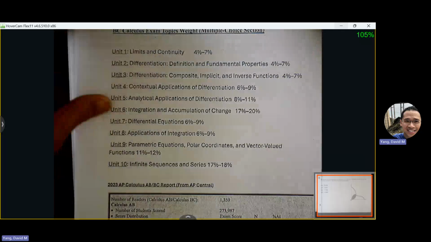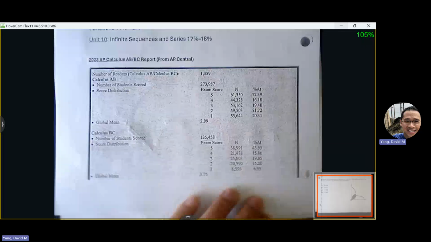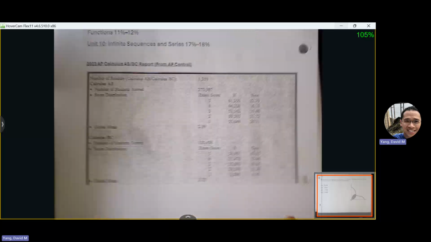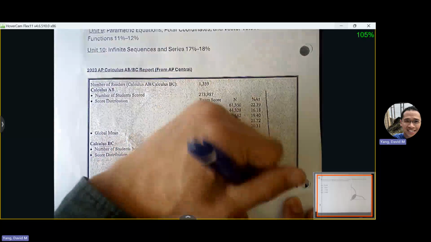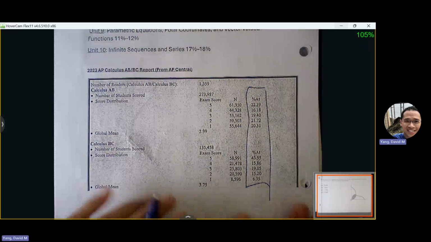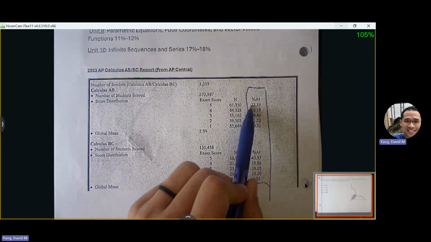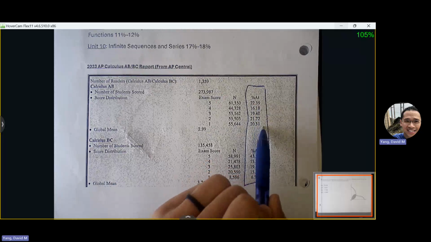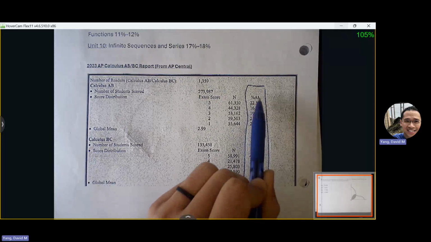And then also at the bottom, you can see the percentage of scores between AB and BC. I think it's interesting to note that on the AB exam globally, it's spread out pretty evenly between 1s and 5s, around 20%.